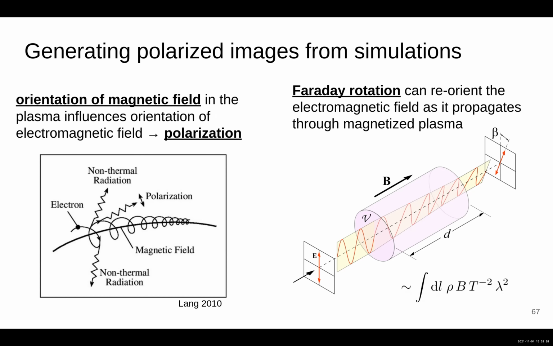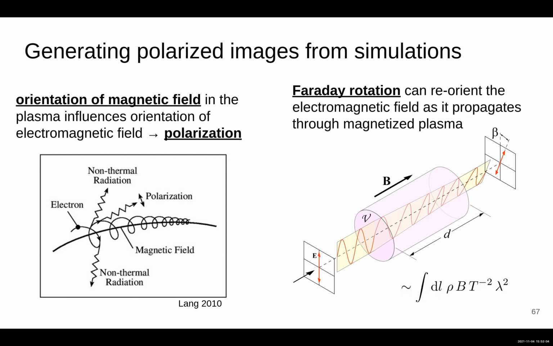And so again, just to provide some physical background or to remind people, synchrotron radiation happens when you have electrons that are moving around magnetic field lines. And so the acceleration around magnetic field lines produces some radiation that is in principle polarized. So the electric field that's oscillating has a particular direction or orientation of oscillation.